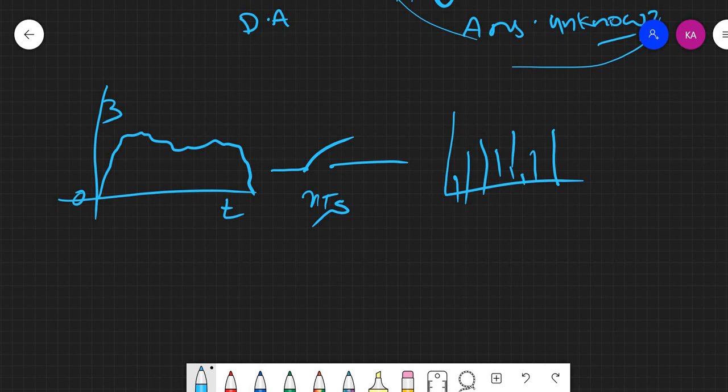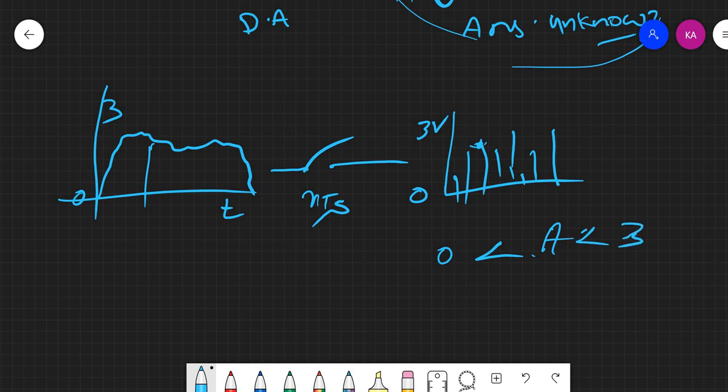Can anyone predict what is the amplitude of this? It is definitely between 0 and 3 volts. But no one can say that particular value of the amplitude, because we don't know; it depends upon what kind of signal variation is present at the input of the sampler. Depending upon that, the sampler will just sample the particular value.